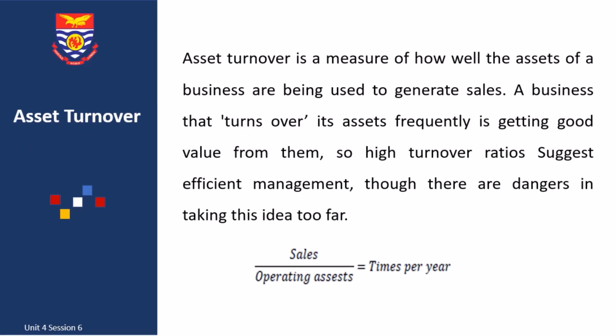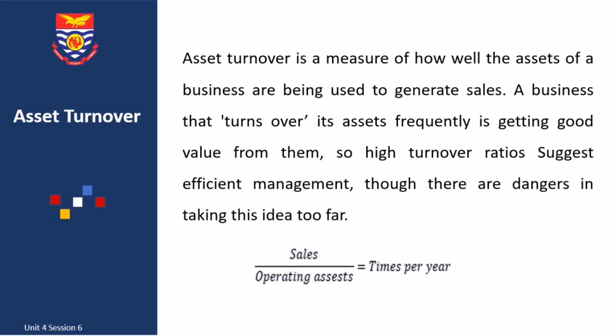Asset turnover. Asset turnover is a measure of how well an organization is using its assets to generate sales. A business that turns over its assets frequently is getting good value for them. So high turnover ratios suggest efficient management, though there are dangers in taking this idea too far.